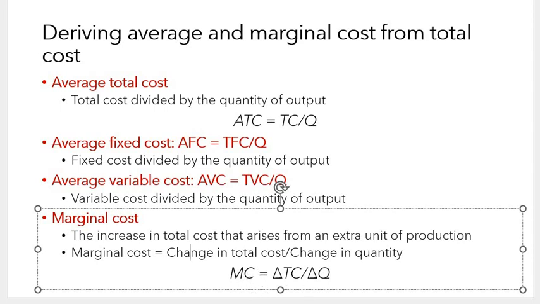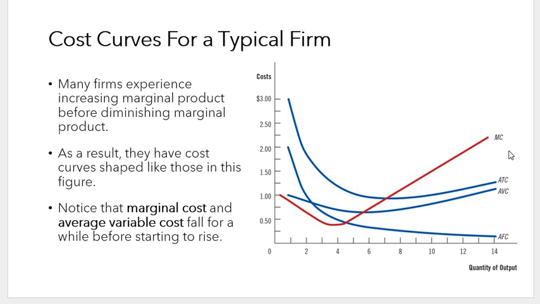MC, marginal cost, is defined as how much the total cost would be increased when we are adding one extra unit of output. So the change in total cost divided by the change in output. That's the marginal cost.